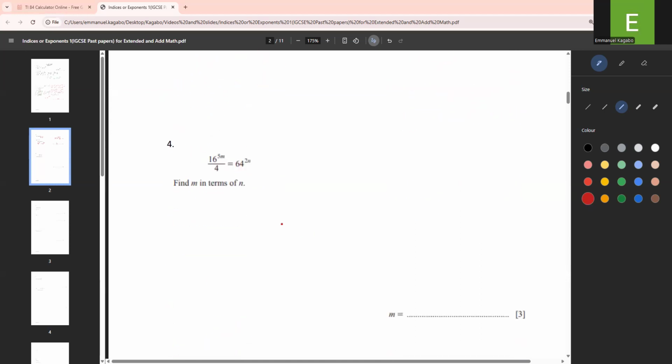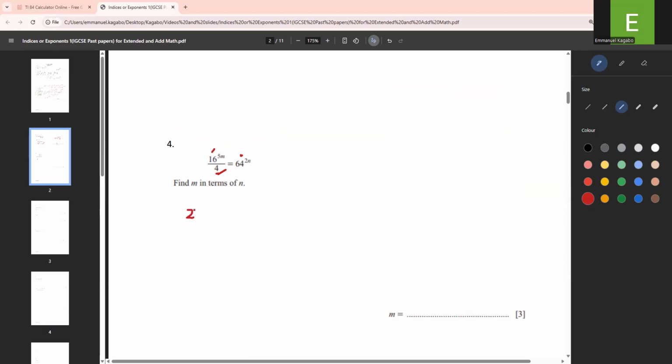Now, next question. There are different ways of doing this question. Let me just cross multiply, and I express them in terms of 2. Because if you check, this is 16, 64, and 4. So all of these can be expressed in multiples of 2.